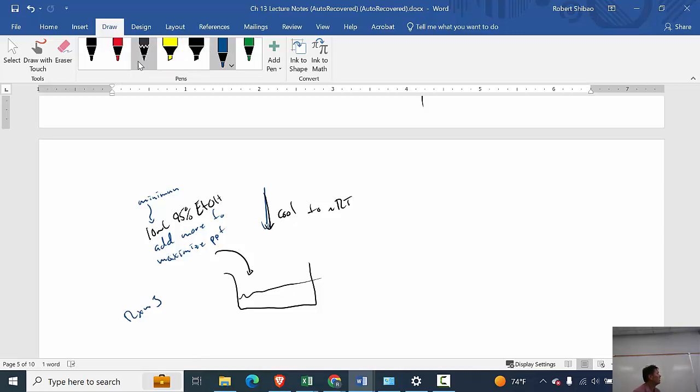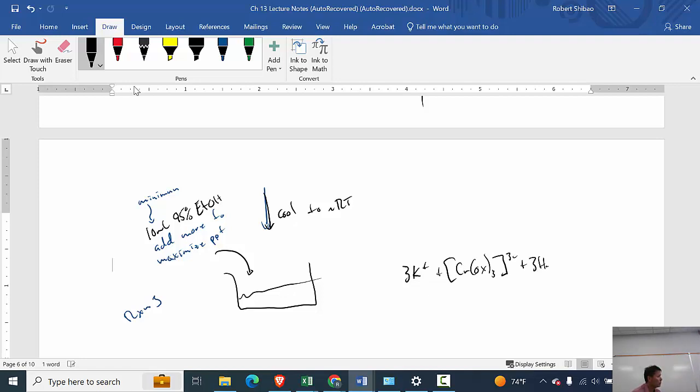And so let me modify the equation I had up earlier. The equation was 3 potassiums plus the trioxalate to chromium-3, or not chromium, chromate-3, plus 3 H2O liquids.